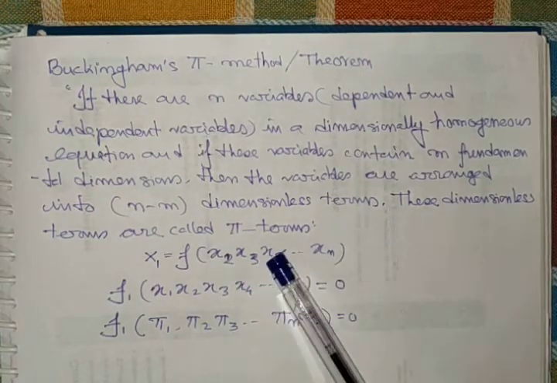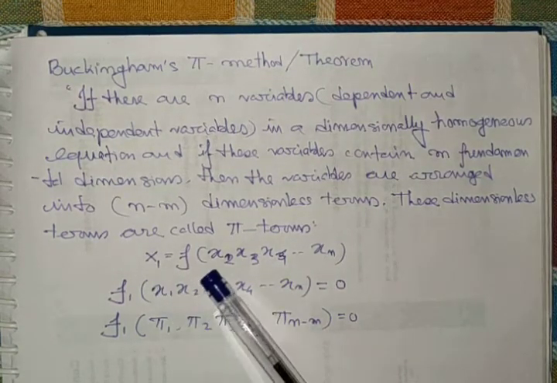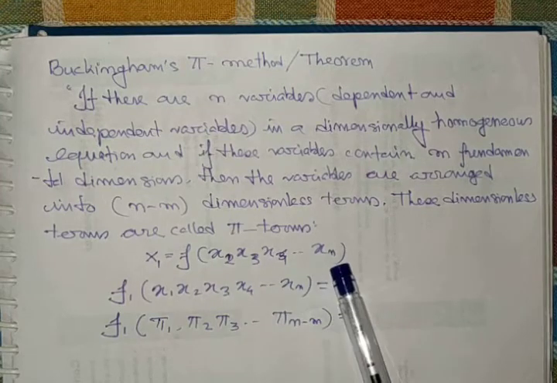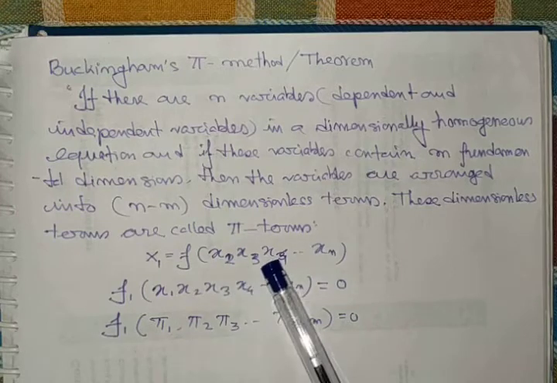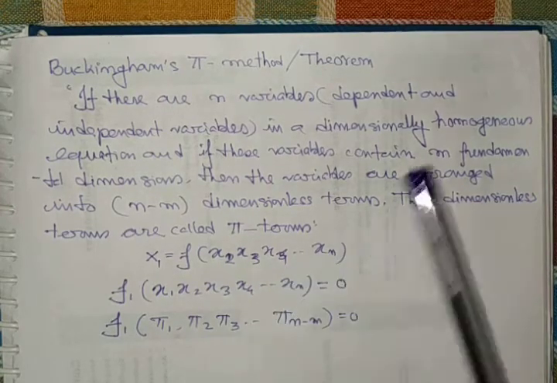If we take one example in general, suppose x1 is a function of x2, x3, x4 and so on up to xn. So x1 depends upon x2, x3, x4 like that.